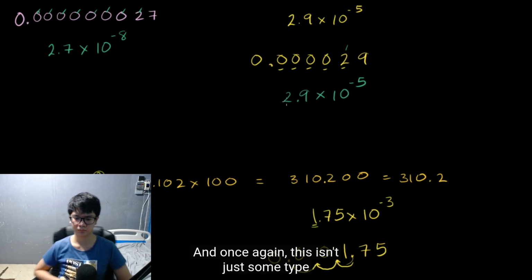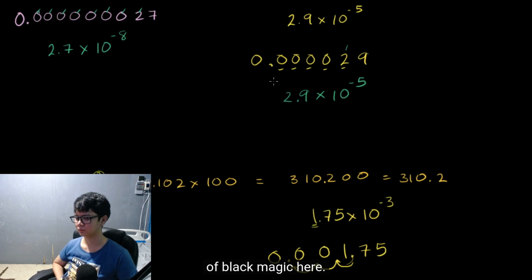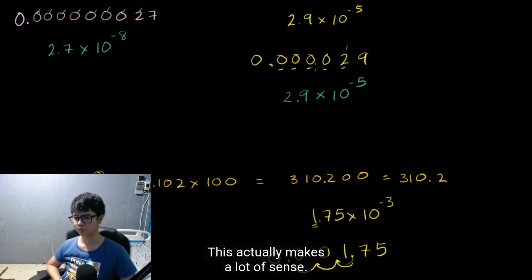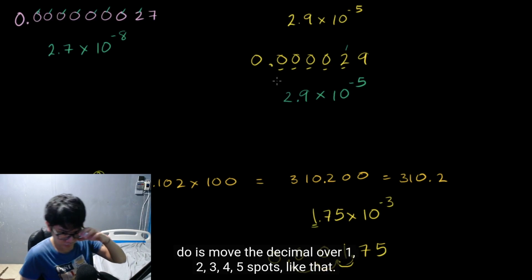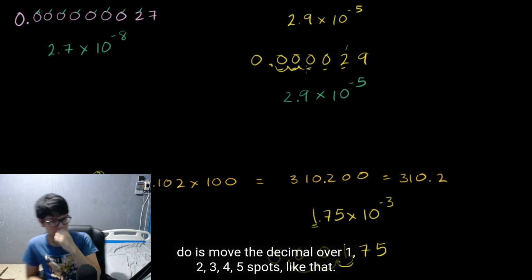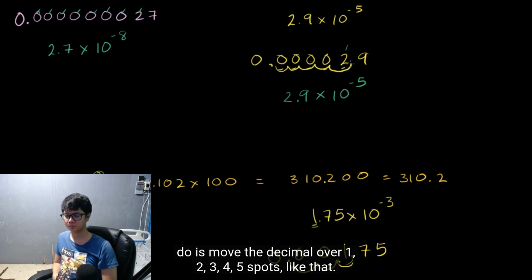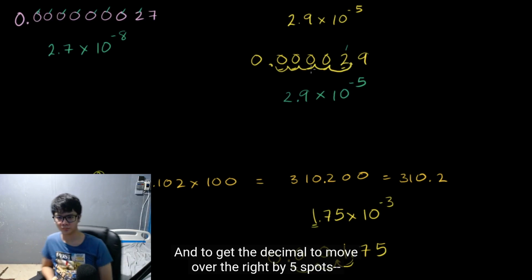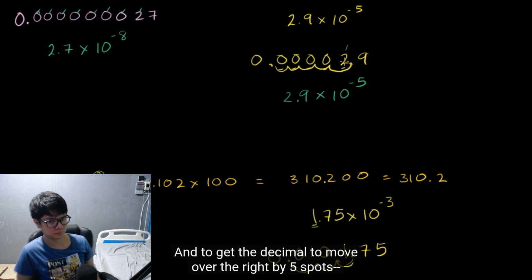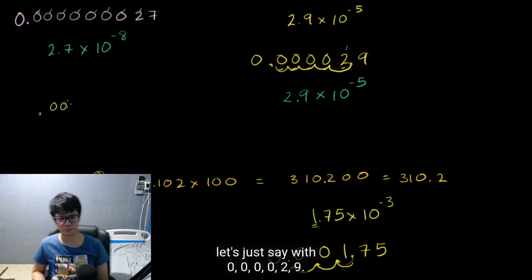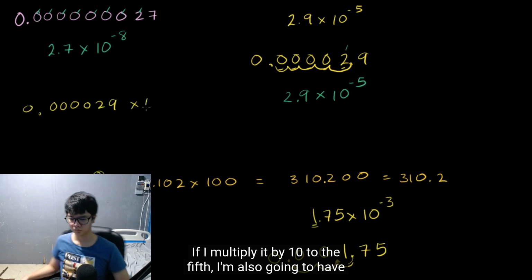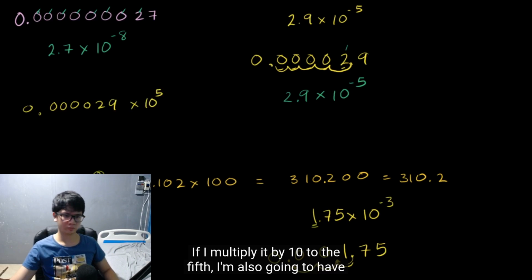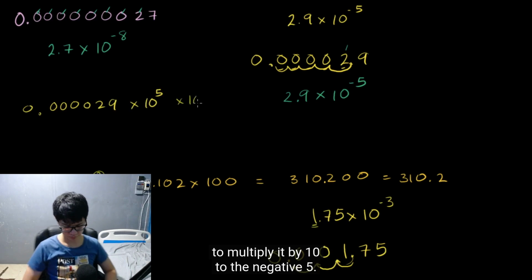And once again, this isn't just some type of black magic here. This actually makes a lot of sense. If I wanted to get this number to 2.9, what I would have to do is move the decimal over 1, 2, 3, 4, 5 spots, like that. And to get the decimal to move over to the right by 5 spots, if I multiply it by 10 to the 5th, I'm also going to have to multiply it by 10 to the negative 5.